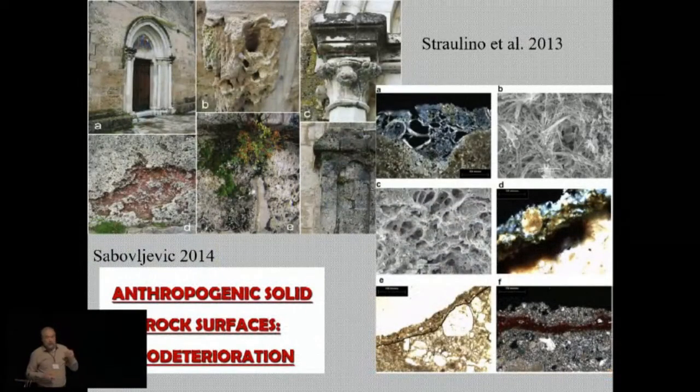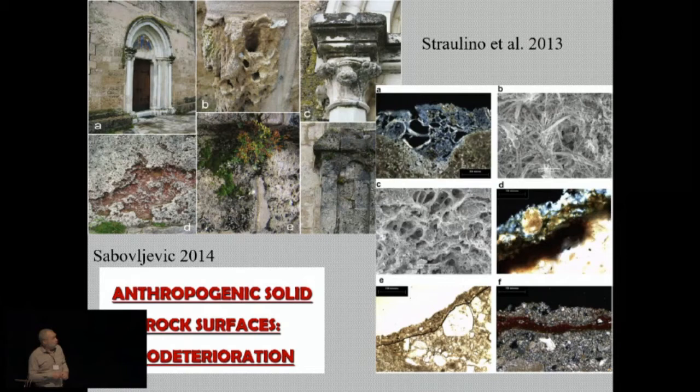Also, these artificial human-made solid rock surfaces interact with the environment and produce crusts, pendants, rings on the surfaces, but these objects are mostly out of the scope of pedology. They are studied by specialists in biodeterioration, related to, for example, problems of conservation and restoration of historical buildings.